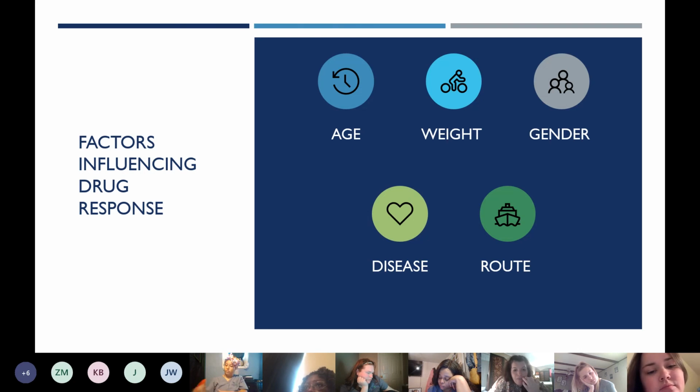So disease, well, I guess all disease is internal as far as organs go, but your skin is an organ as well. So think about that also. So age, weight, gender, and we've already talked about the route. The route is going to determine the drug response as well, and disease. Very good.